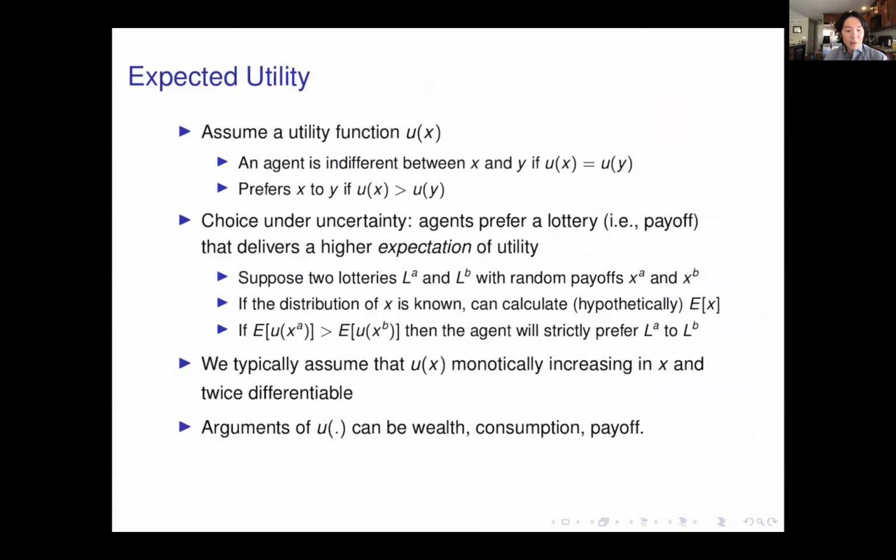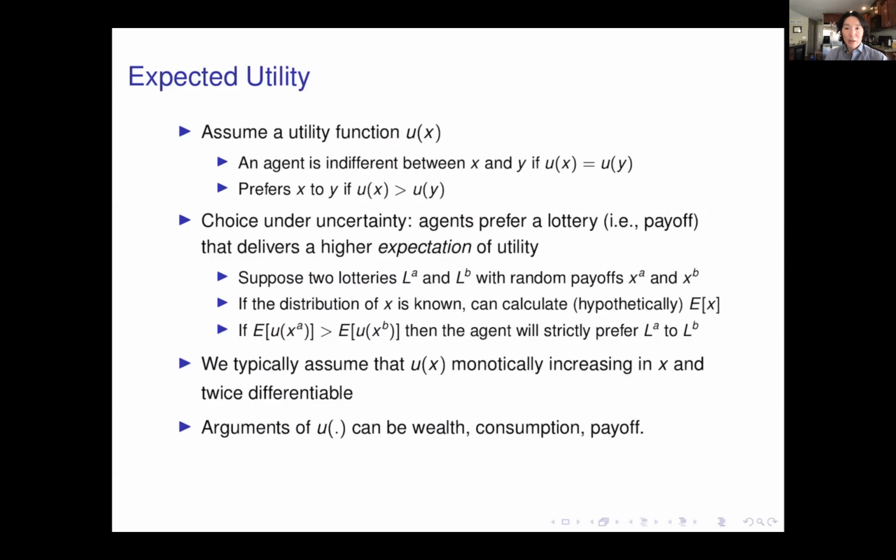Now let's talk about some expected utility and microeconomic theories. So assume there's a utility function u_t. And we say that an agent is indifferent between x and y if the values of the utility functions are the same.